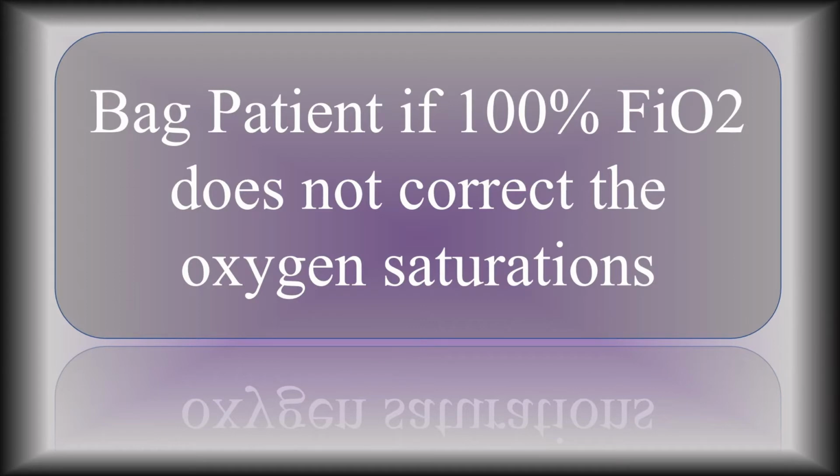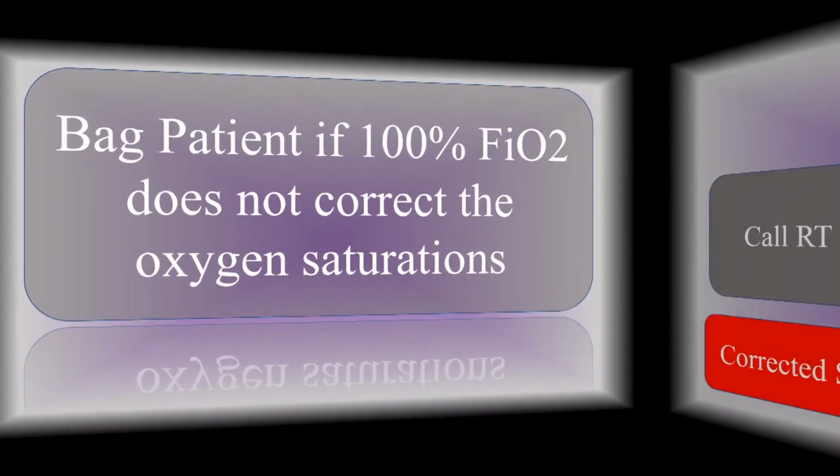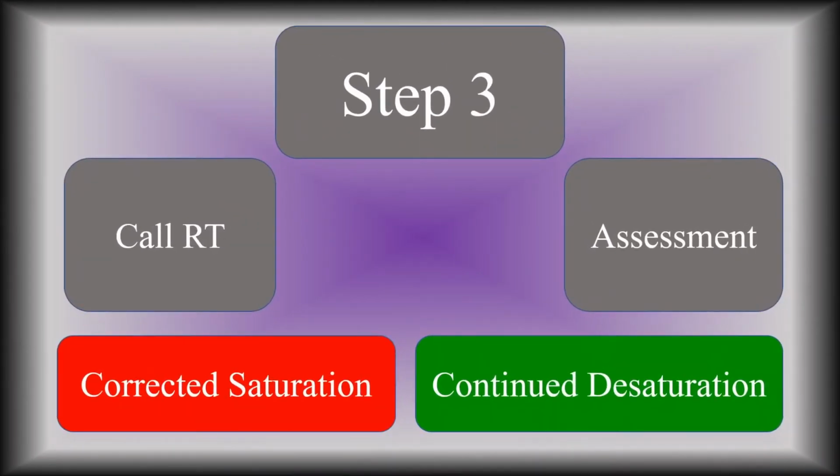At the same time you're doing this, you're calling for help, or calling with your other hand for the respiratory therapist. Step 3, call respiratory, and both of you assess the patient and see what else is going on. If you have corrected saturation at this point, great, you can stop. If not, continue on with desaturation in the green.